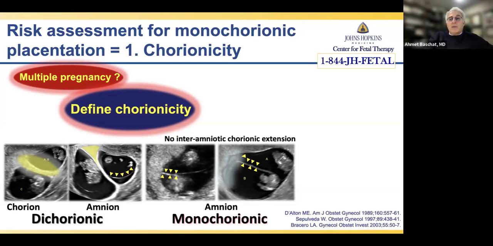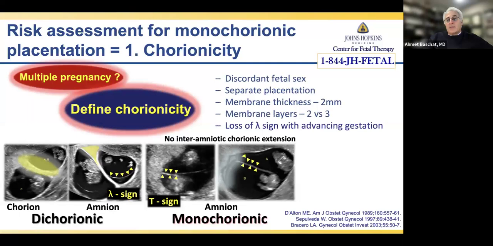And most importantly, there is no intra-amniotic chorionic extension. This kind of extension of the amniotic membranes directly into the placenta, or the finding of the chorionic tissue in between, have been termed the lambda sign and the T sign. And they are very strongly sensitive for chorionicity in the first trimester.